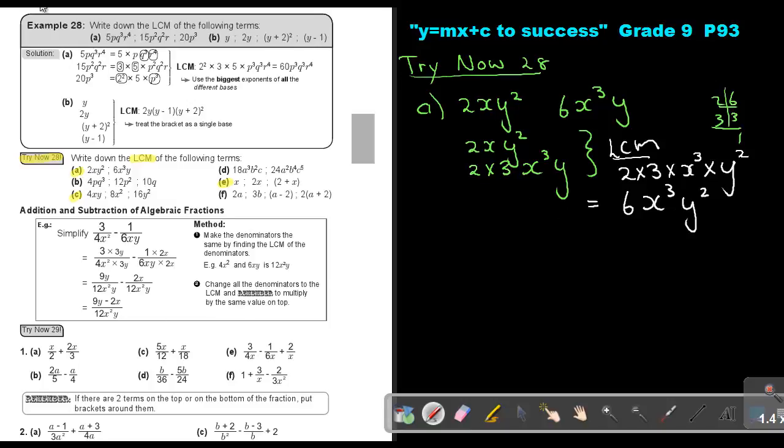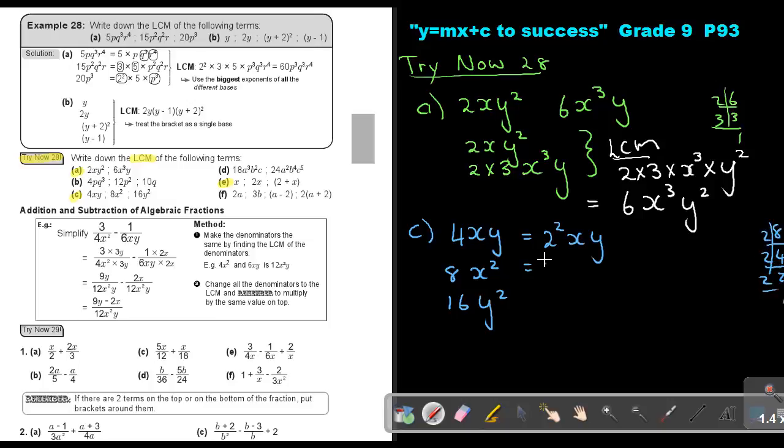Okay, let's look at number C. It's 4xy, 8x squared, and 16y squared. Now, break them up into the product of their prime factors. Remember, 8, can I show you quickly again? 2, 4, 2, 2, 2, 1. So it's 2 to the power 3, and x squared. 16, can I show you quickly? It's 2 and 8, 2 and 4, 2 and 2, 2 and 1.